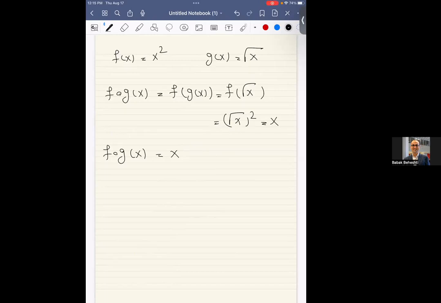So the domain of FOG here is all the x's that are greater than or equal to 0.